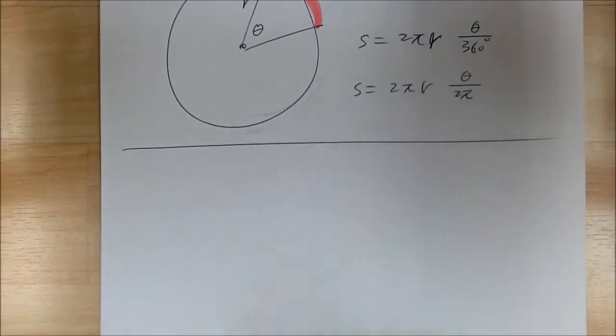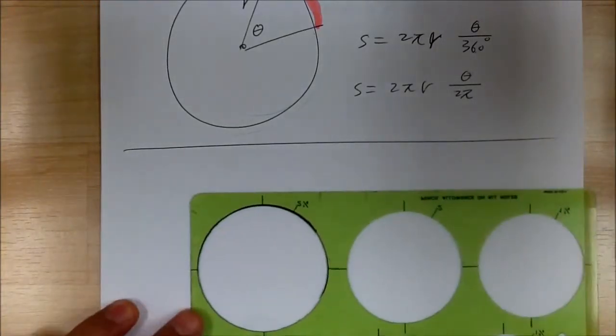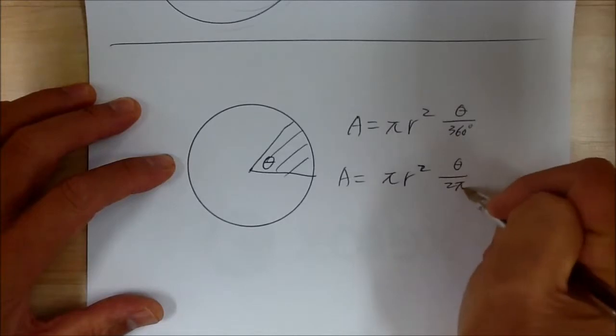So again, if you have a circle, two pi, and that's all you have to do.